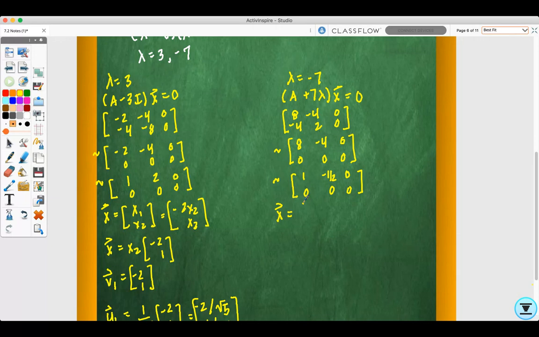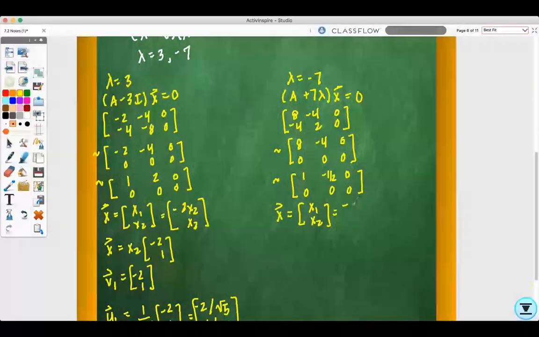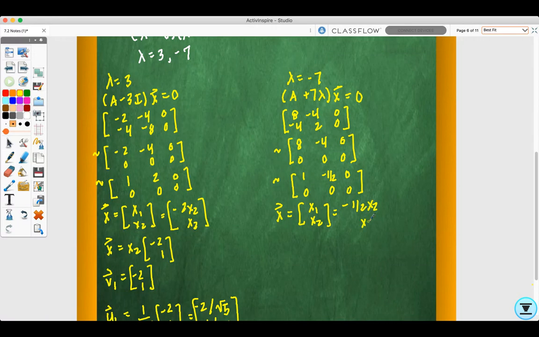So x would be 1/2 x2. So x would equal x2 times (1/2, 1).